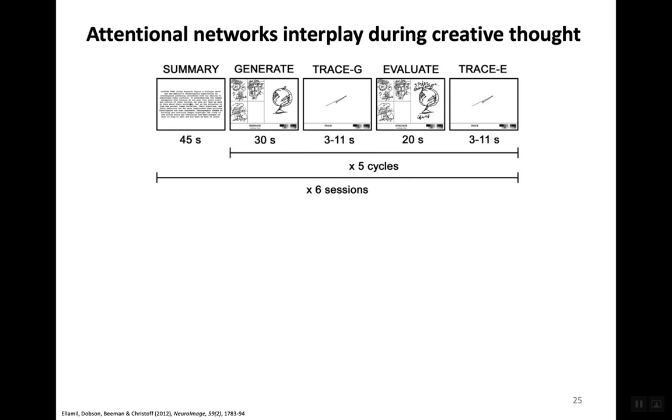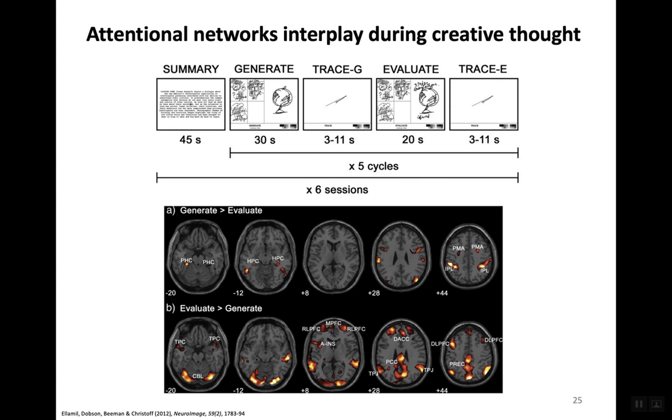So then what happens if we look at the cortical areas that support generation of visual art as opposed to evaluation of the drawings that these participants perform while being in the scanner.